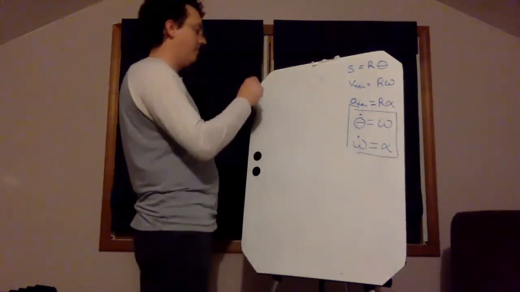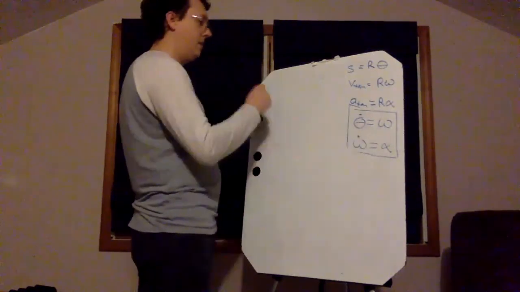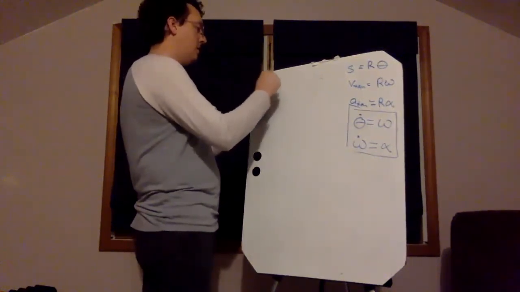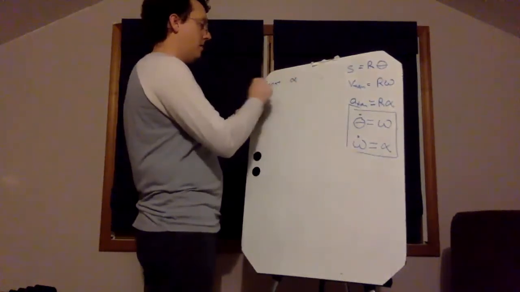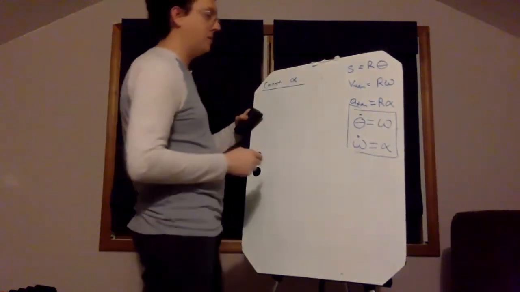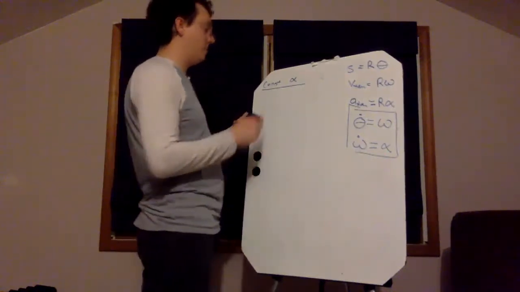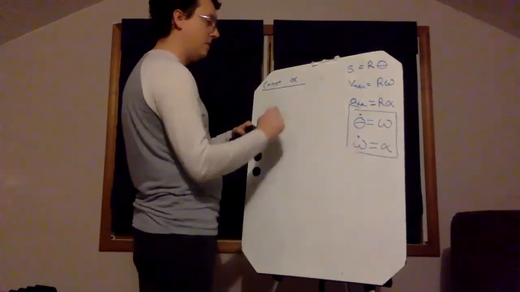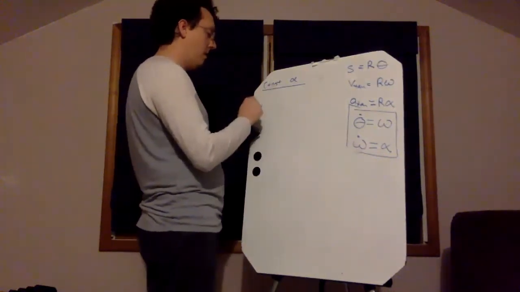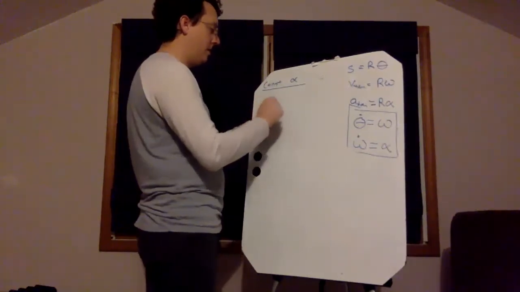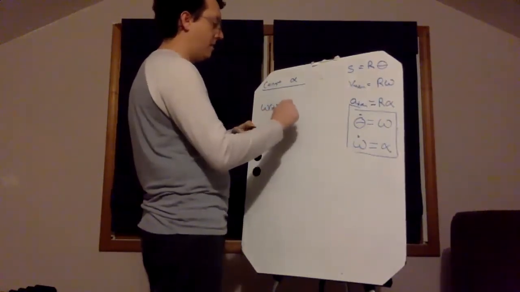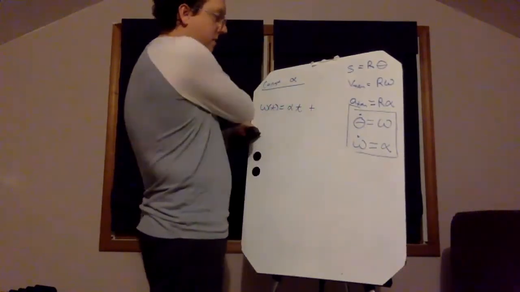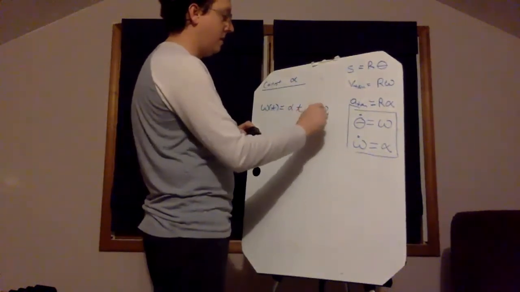So for example, let's focus on the case of constant alpha, where alpha is a constant, uniform angular acceleration. If that's the case, I could take this equation and integrate it, and I would find that omega of t equals alpha times t, remember alpha is just a constant, plus a constant of integration, and I need that to be the initial angular velocity.